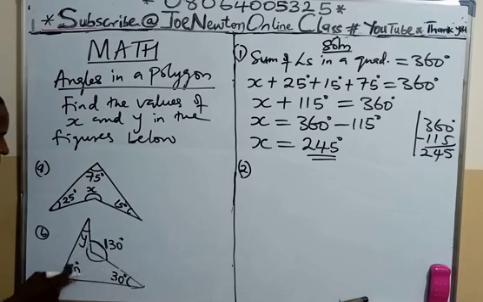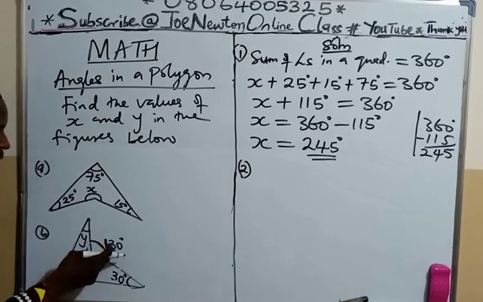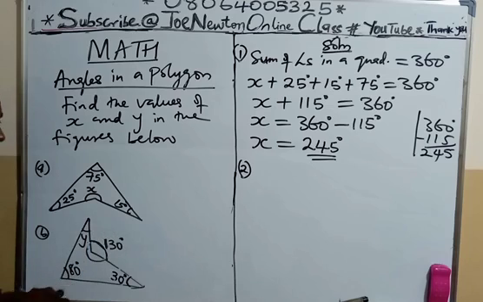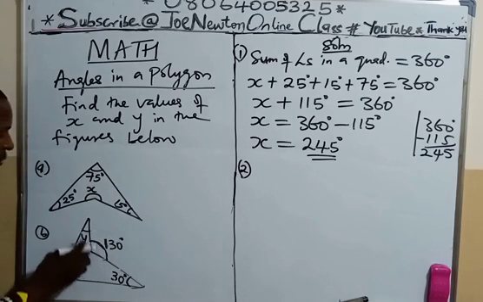And recall that this plus this plus this plus, let's say here is z, gives you 360 because it's still a quadrilateral. Whatever is here plus here gives you 360 as angles at a point, if we want to go by that long theory. But we are using our quadrilateral to form it.